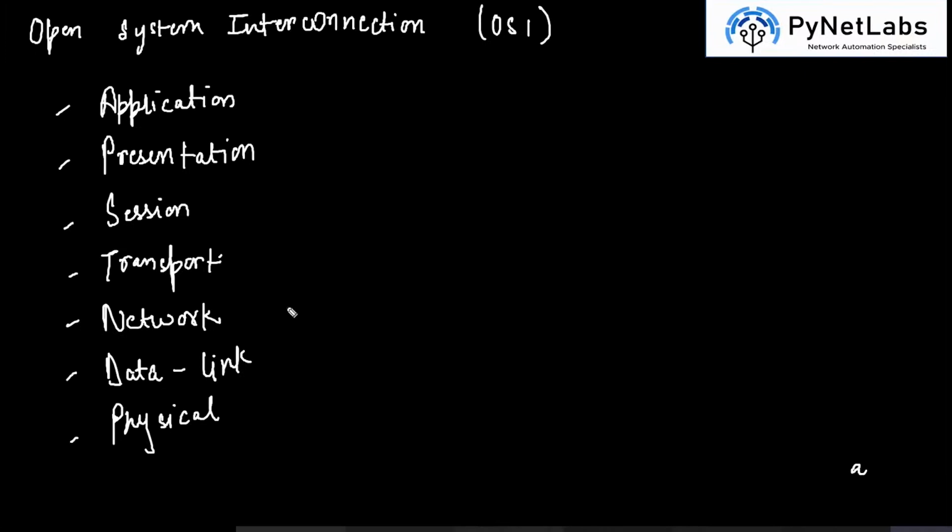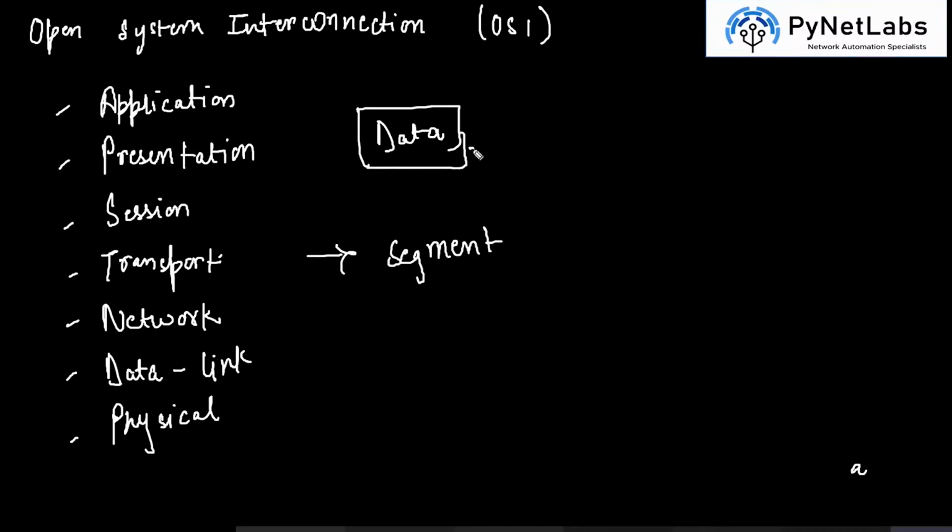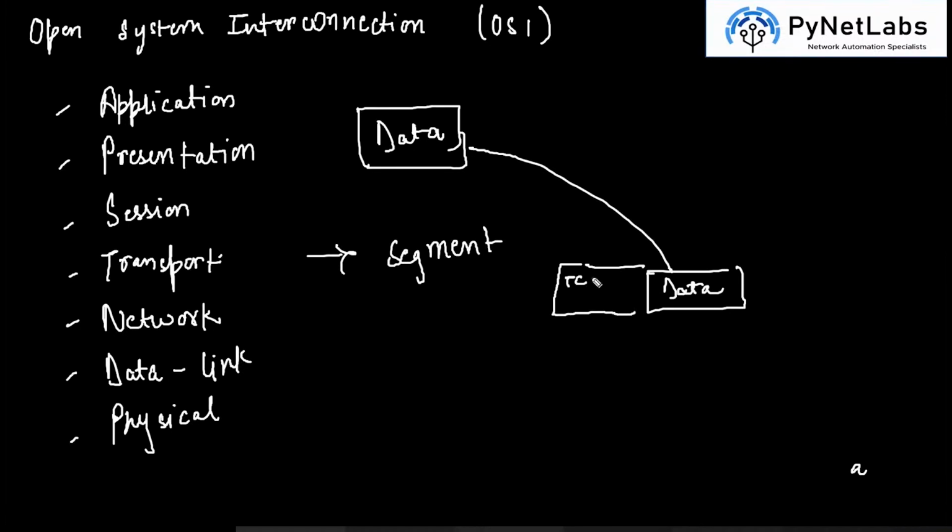Now after this we have the network layer. So at transport layer, data is known as segment, and a segment includes this data, and with this data it includes information related to TCP or UDP.